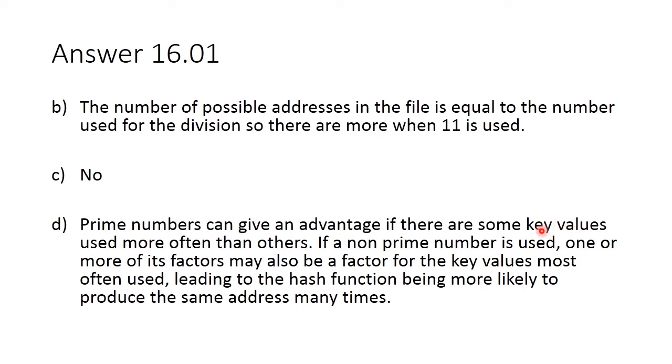Because if some key values are used more often than others, and you use a non-prime number, then one or more of its factors may also be a factor of the key value most often used.